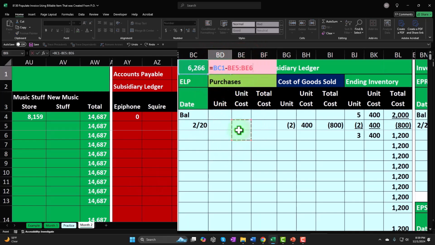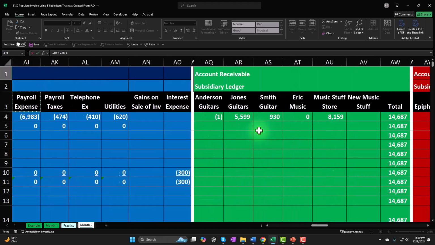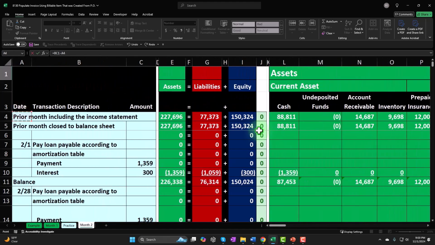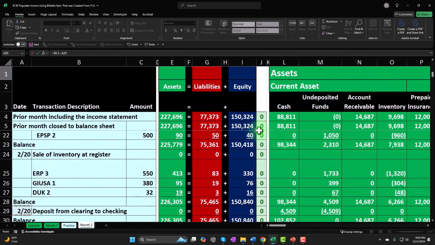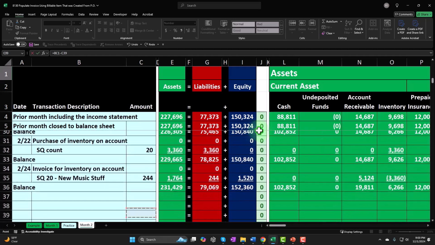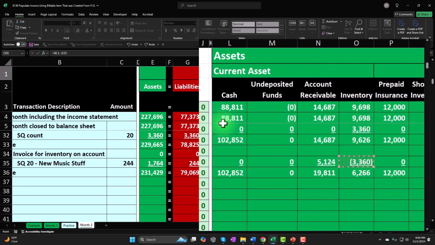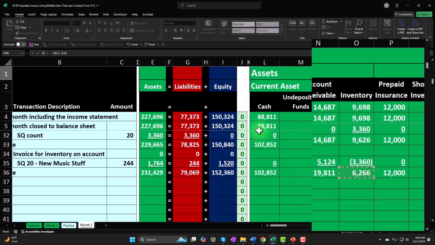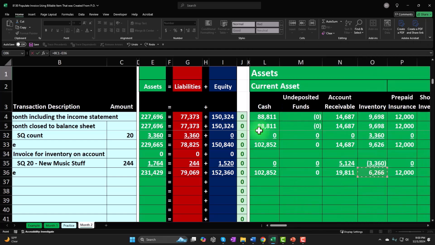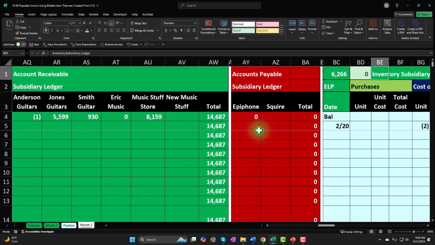Now I'm going to go back over to the last transaction and give our proper check number. It should be 0 once we check it off. It's 6266. It's not 9626. It's not 266. 6266. All right, so that's going to be 0.